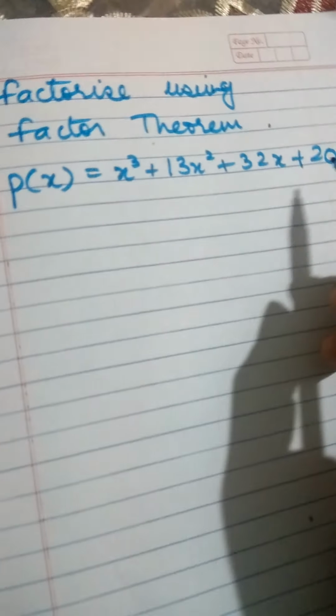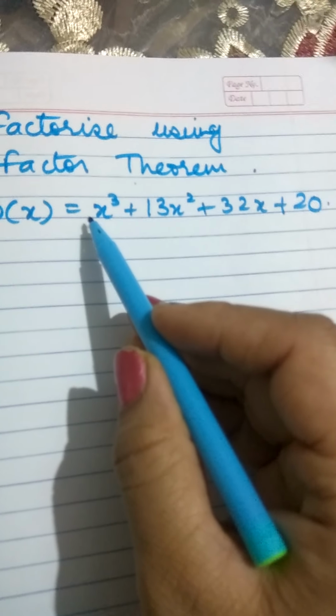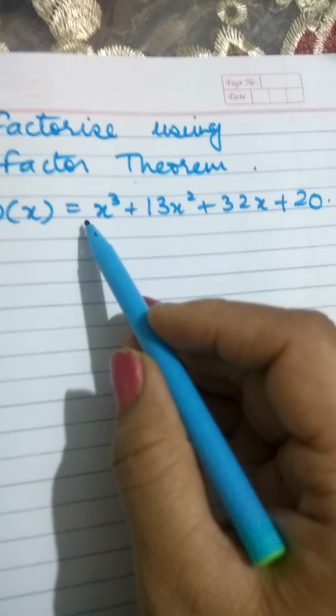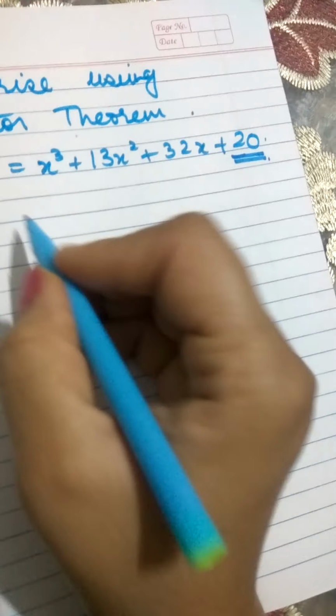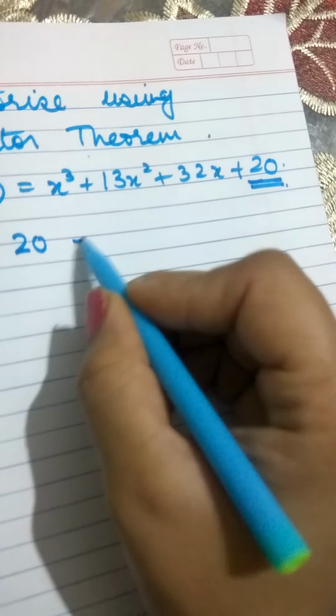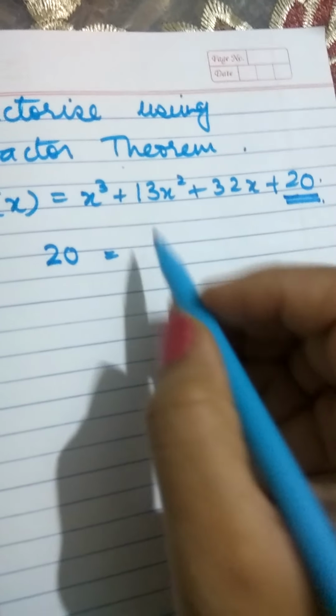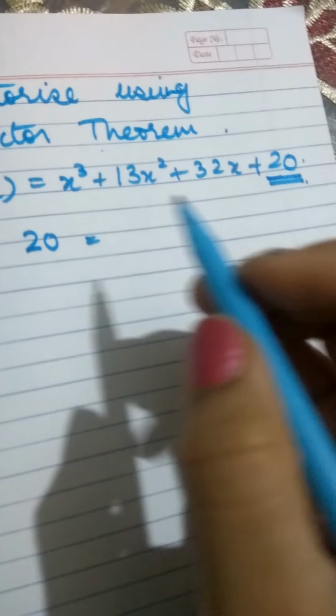So let me first try to find the first factor. For finding it, first step is to make the coefficient of x cube 1. It is already 1. Then I have to pay attention to the constant term 20 and find the factors of 20. I will take both signs, plus minus.